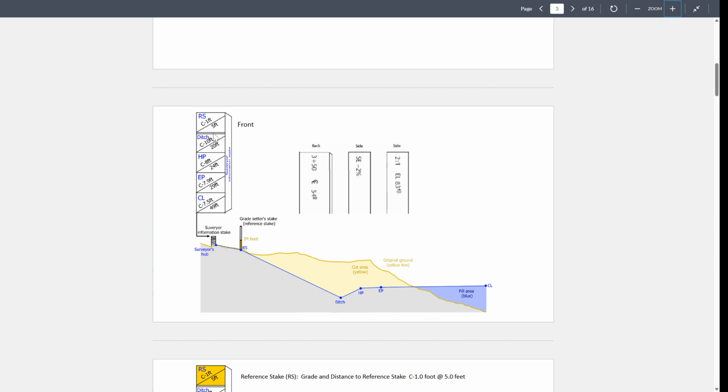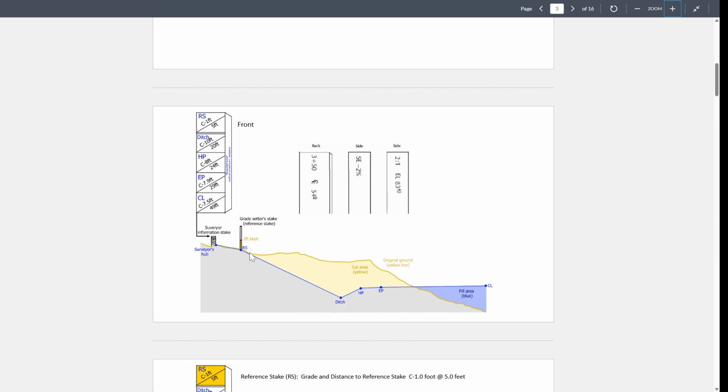And then you want to make your ditch, and this is telling you how to do it. This is the ditch. It's telling you to cut 8 feet and go out 24 feet. So you're going 8 feet down, and then you're going to go out 24 feet.